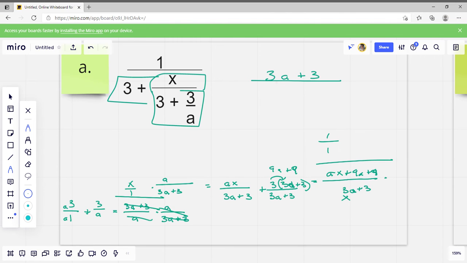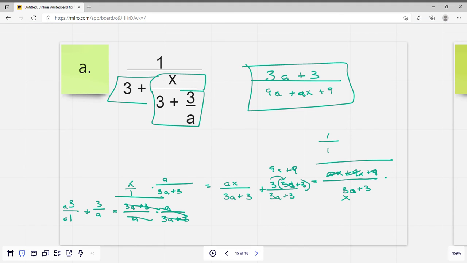Now my top will be, I've got 9A right here, plus AX plus 9. And that's the answer to A.